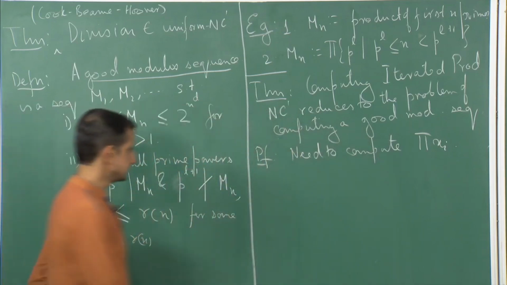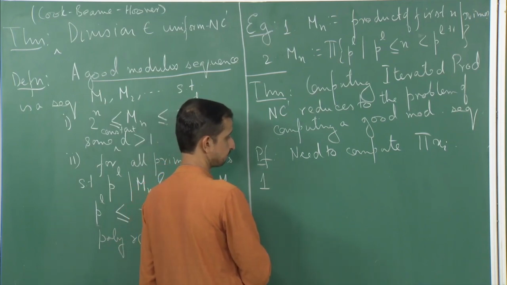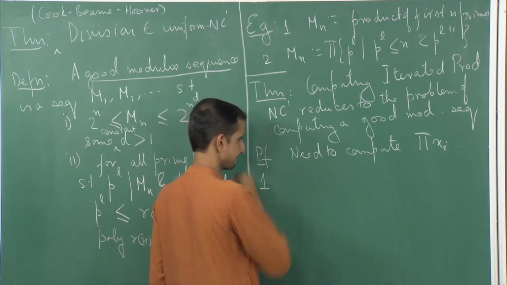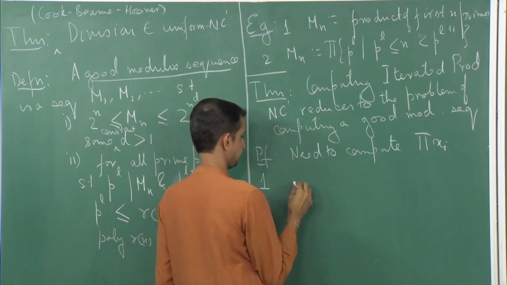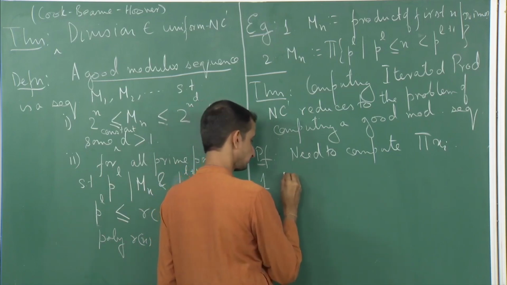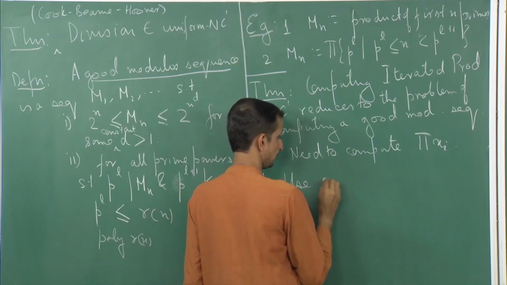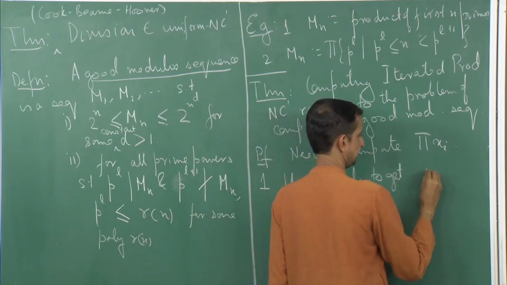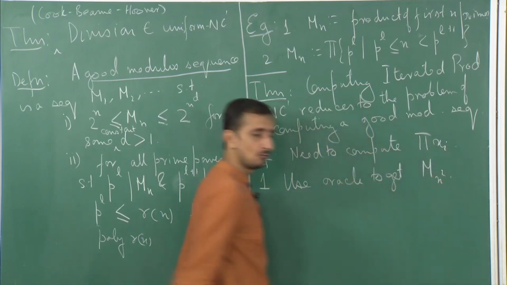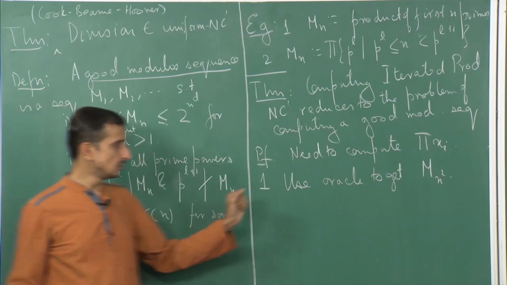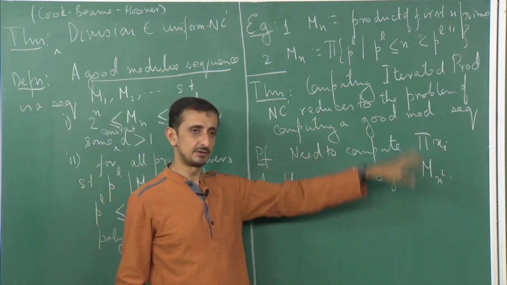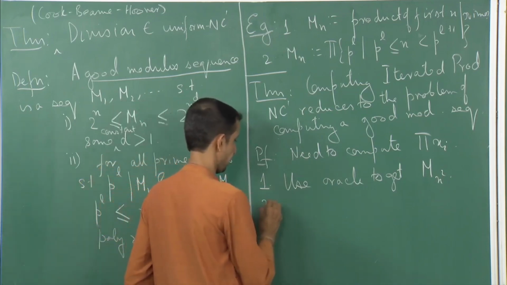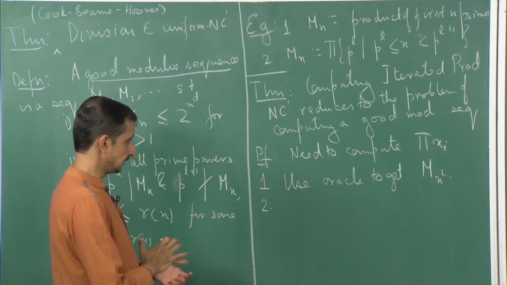So what we will do first is we will use the oracle to get the value of m n square. So we know what n is, the number of inputs. So whatever oracle we have for this good modular sequence, we use it to get the value of m of n square.